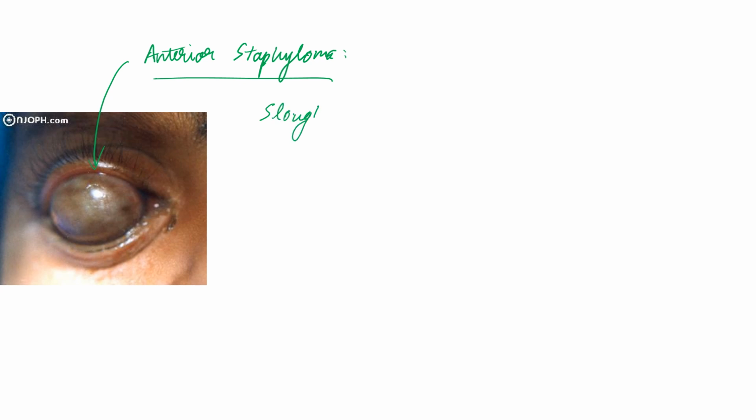First, let us discuss about anterior staphyloma. This picture shows a case of anterior staphyloma. Anterior staphyloma usually occurs as a result of sloughing corneal ulcer. Basically, there will be a corneal ulcer which perforates and heals. Whenever a corneal ulcer perforates and heals, there will be formation of pseudocornea.